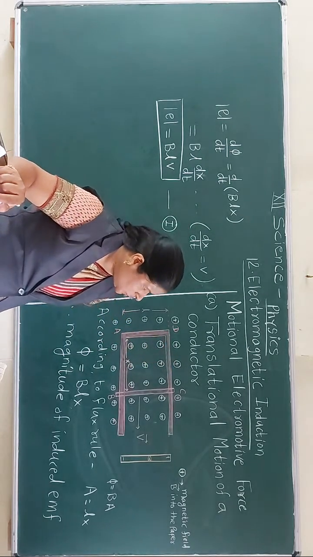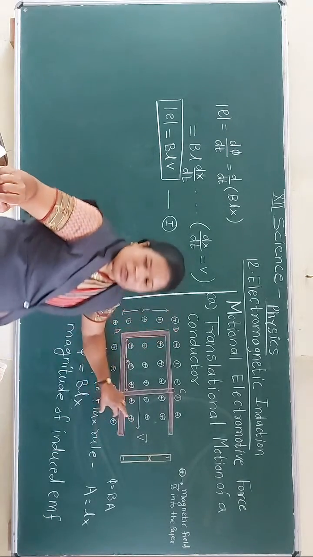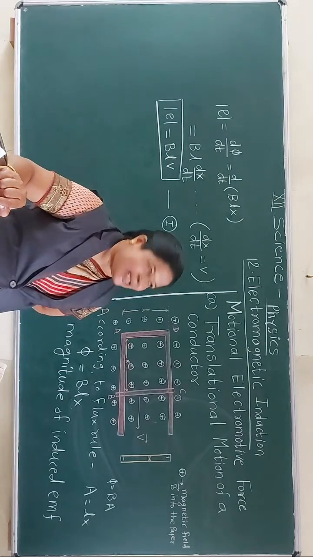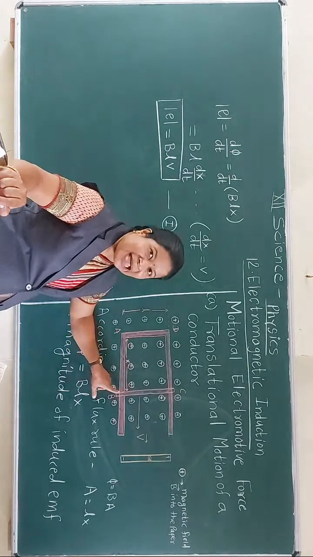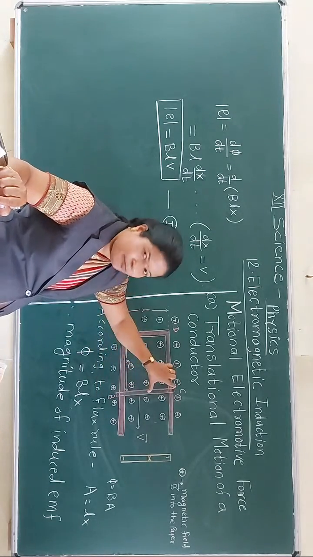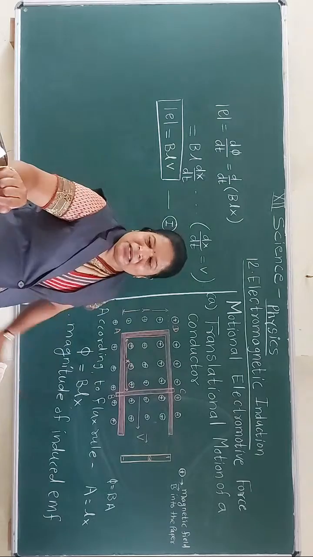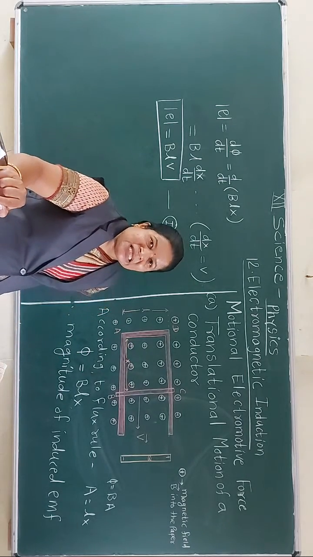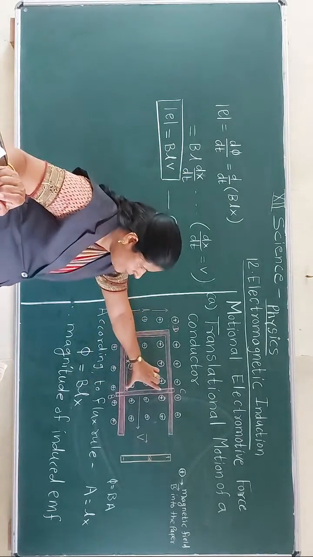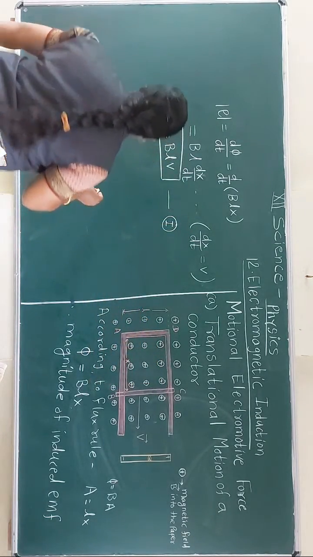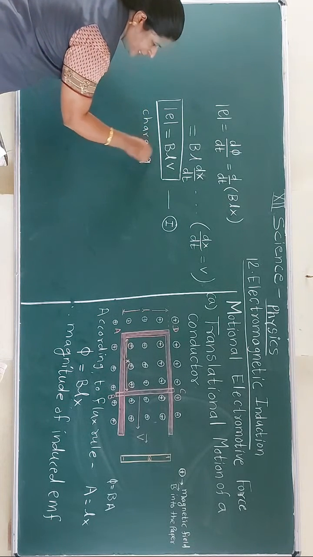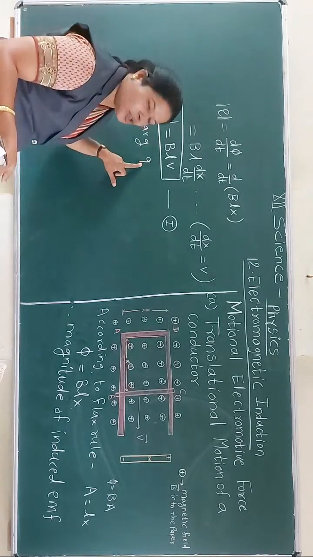Now a charge Q which is carried along by the moving wire BC experiences a Lorentz force. This side BC carries the charge Q. Charge Q is denoted by small q.